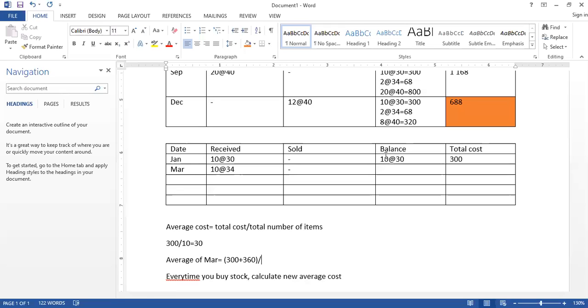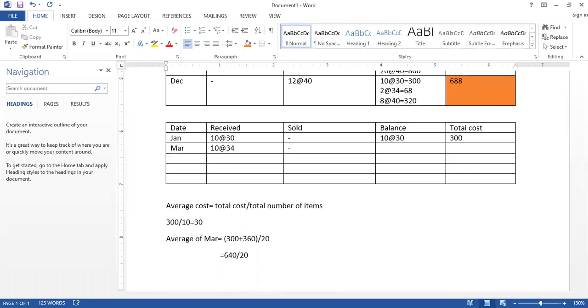Previously you had 10 items, you bought an extra 10 items. So how many items do we have in stock? We have 20 items, 10 from the previous month and 10 from the current month. So it will be 640. You divide it by the total number of 20 items.